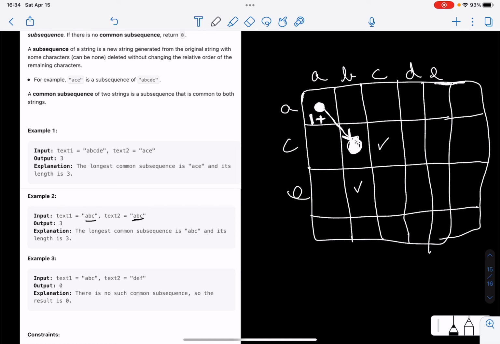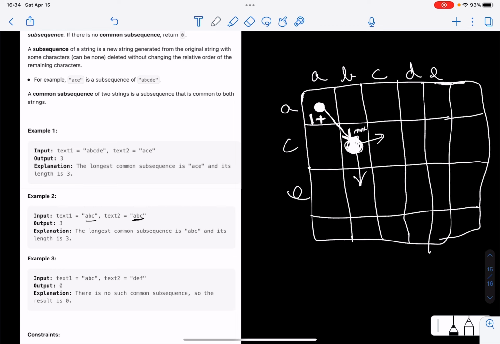It will essentially be the max, because we are looking at the longest common subsequence. So the max of those two values would essentially come at this cell over here.